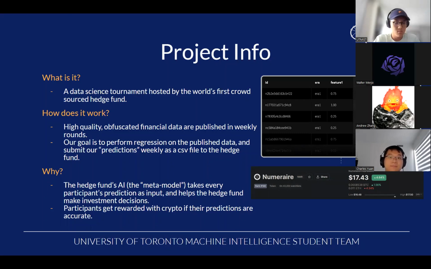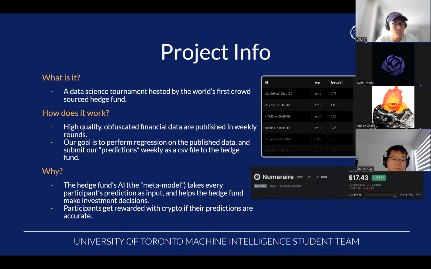But these financial data are obfuscated, which means that what each feature represents is hashed. So we don't actually know what each feature represents. That's understandable because they paid a lot of money for those data to be collected. They don't want their competitors to get a hold of those data.